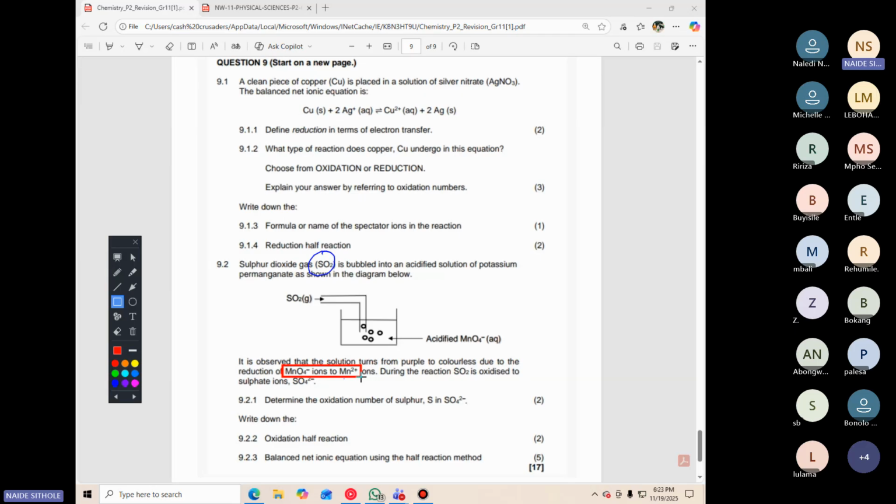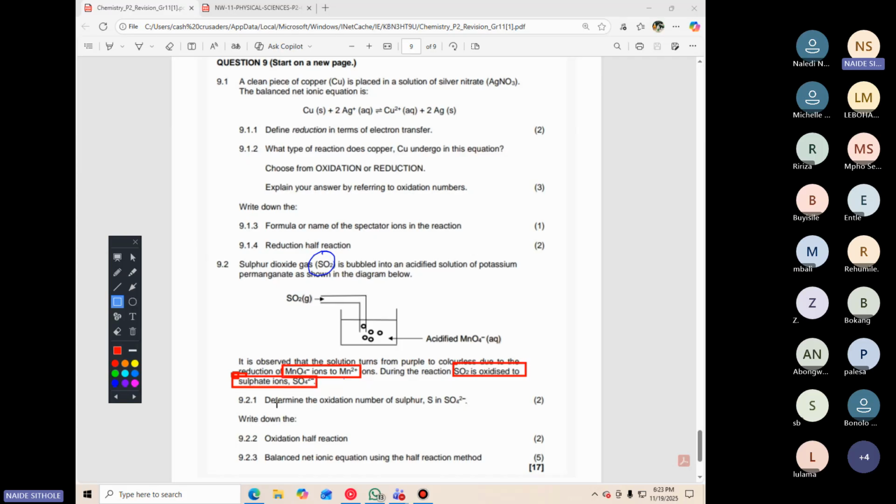It will help us select the correct one. During the reaction SO2 is oxidized to sulfate ions. So that is another statement that will help us to identify which reaction we need to take from that 4B table.